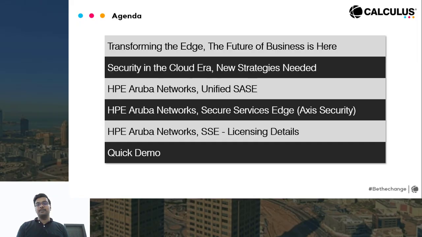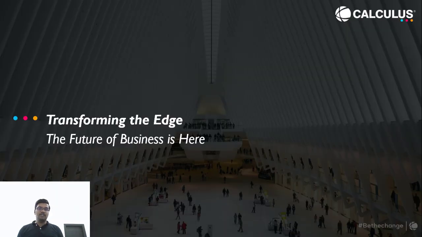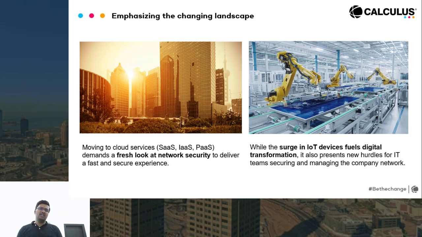Okay, let's get in. Let's discuss some of the transformations the edge networks are going through currently. We all know that most of the enterprises are moving their workloads to the cloud. It could be of different types, maybe SaaS, IaaS, or platform as a service, any type, right? In any which way, we need to have a fresh look at the way we are delivering security for a better and secure experience to the organization.